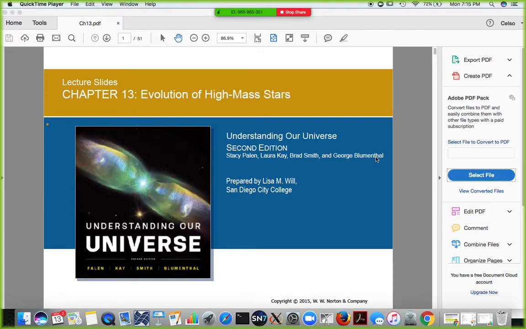Because they stay most of their lifetime, 80 or 90% of their lifetime, in the main sequence, we say, well, most of the stars in our galaxy are main sequence. 90% of them are main sequence, because that is the group of stars that live the longest.